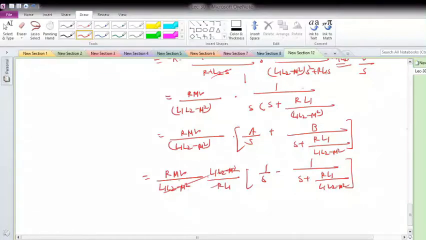So this R will cancel, so it will be M V over L1, and the Laplace inverse gives 1 minus e raised to minus R L1 over L1 L2 minus M square times t, into u of t.